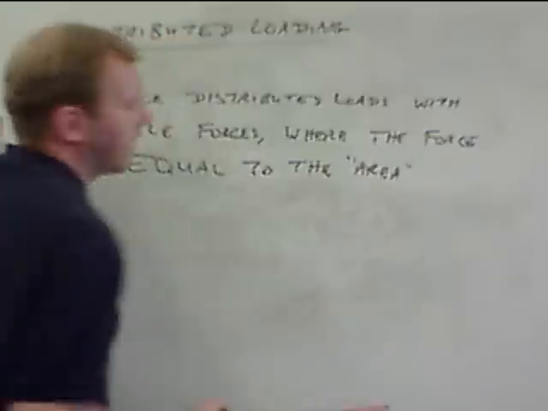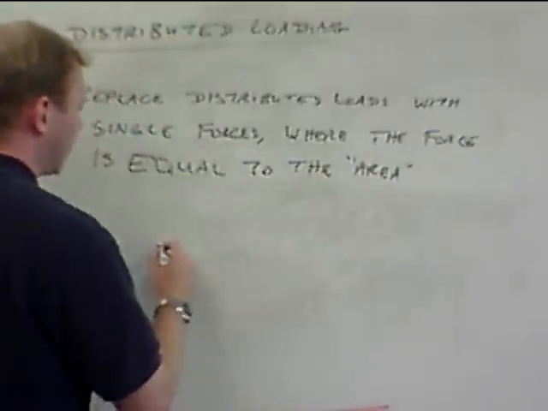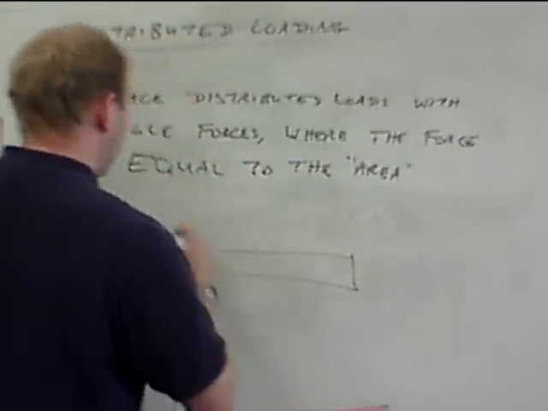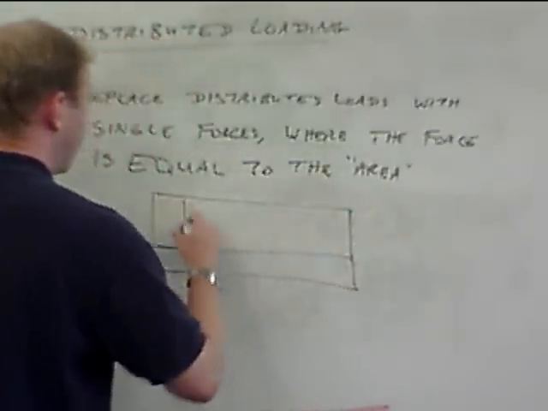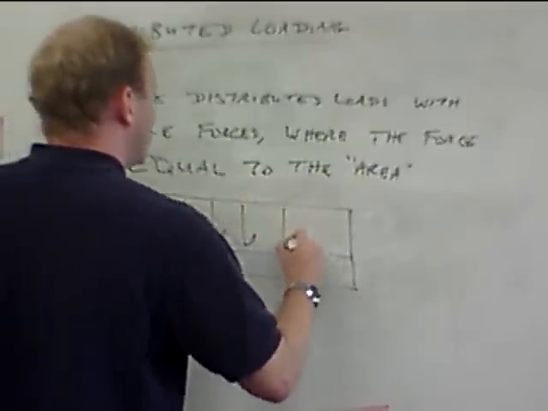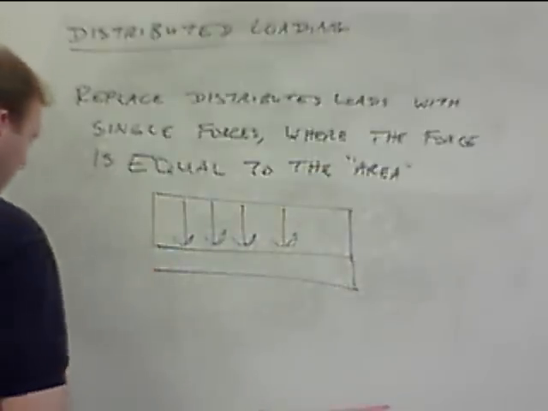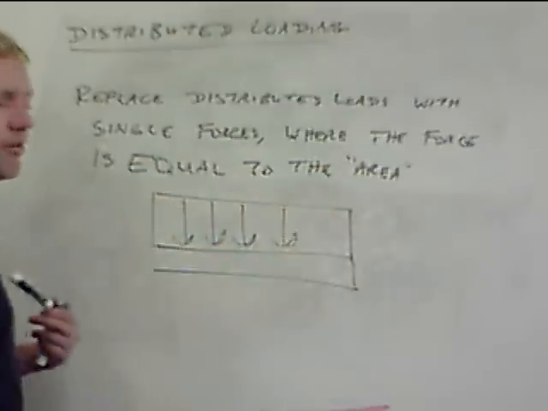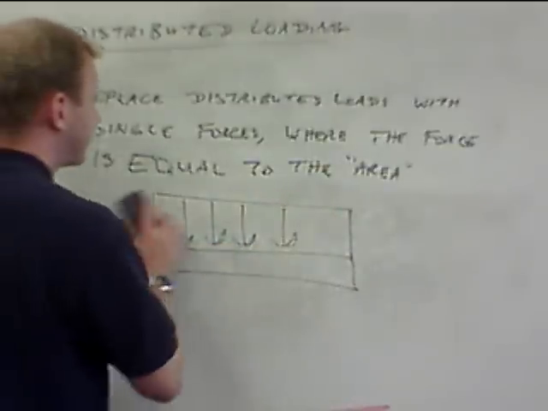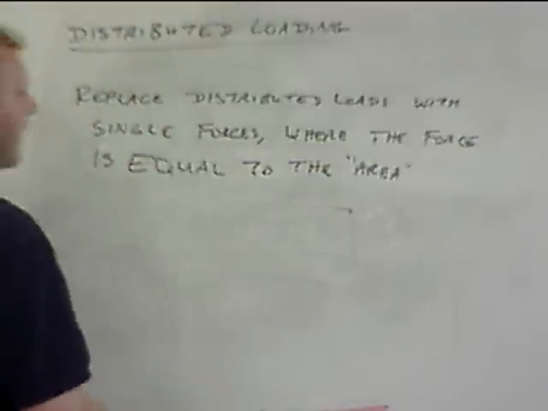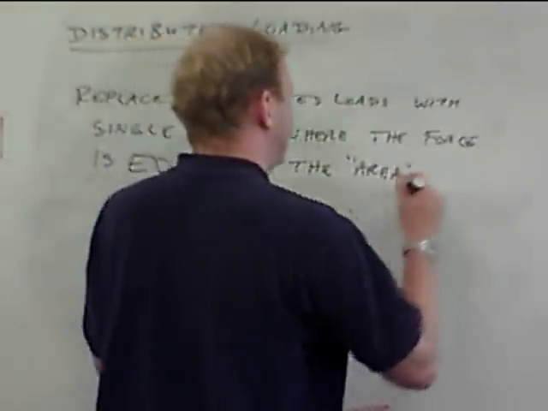And I'm putting area in quotes because when we draw a distributed load, we draw it as a rectangle or a triangle or whatever else, but the units are newtons per meter. It's not truly an area, but we're looking at the area of the geometric shape on our diagram. So, equal to the area of the distributed load.